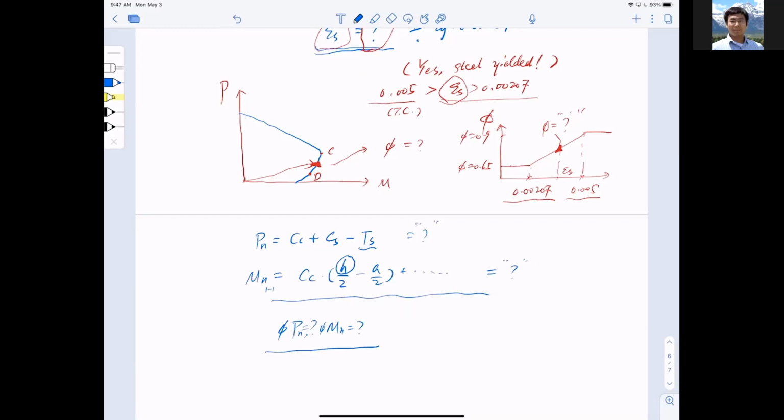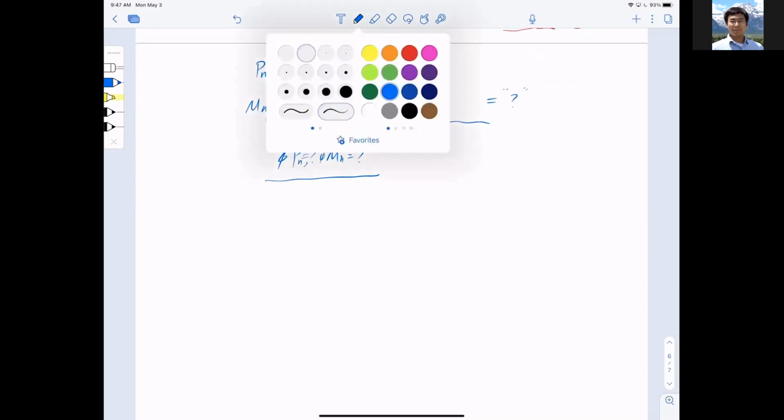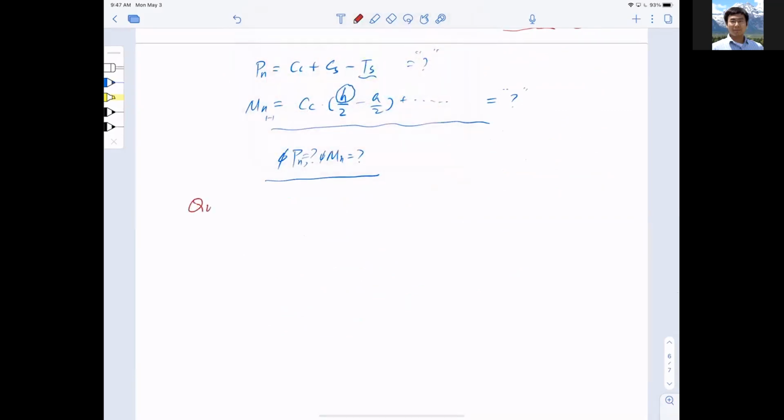Now, this will be our last quiz, quiz 10. For quiz 10, you just have to give me a final number. For 1a, phi Mn. Just write it down in the text like this. 1b, phi Pn and phi Mn, what? 1c, phi Pn and phi Mn are what numbers?